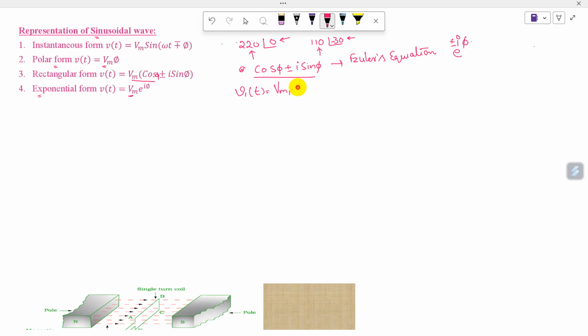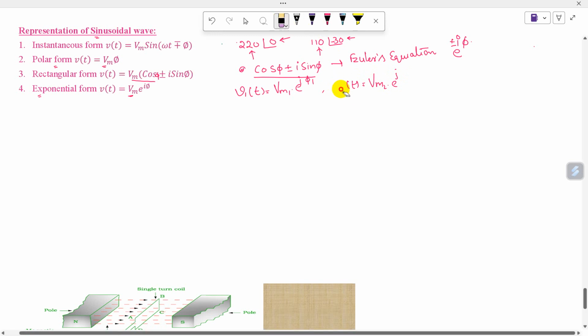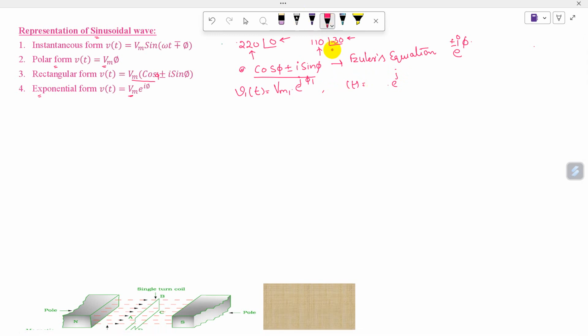Now if you see here, multiplication of two waves, that is V1 of t is Vm1 into e power I phi 1 and V2 of t is equal to Vm2 into e power I phi 2. For understanding purpose, you can consider not these are the v's, you can consider this is I of t, so this is Im e power I phi 2.